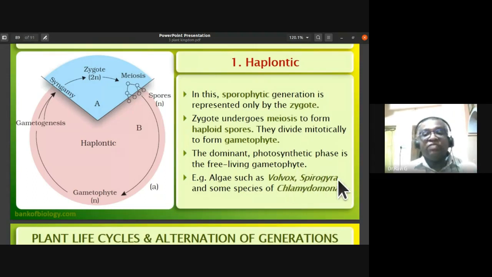Volvox is the colonial form, Spirogyra is the filamentous form, and Chlamydomonas is the unicellular form. All these varieties of algae exhibit the haplontic life cycle, and the sporophyte is highly reduced. That is why the most dominant phase here is haploid. The sporophyte is reduced to only the zygote stage.